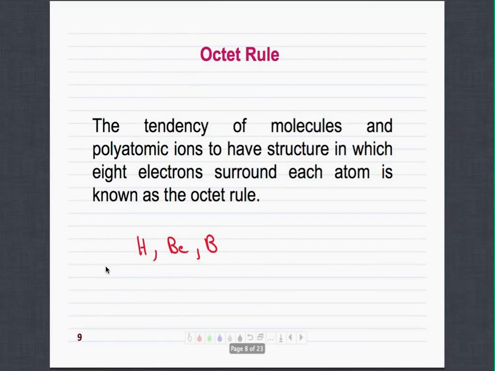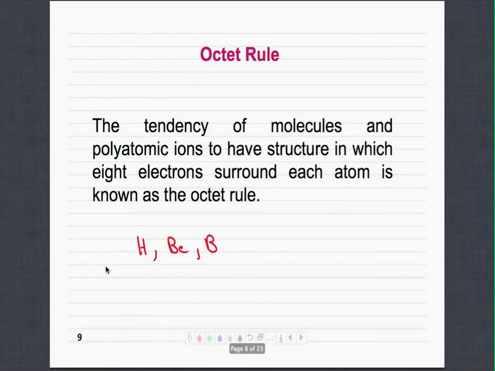There are exceptions for this rule, and we're going to learn some more exceptions. Those 3 atoms are the ones that wouldn't have the octet rule. They don't need 8 electrons around them. Hydrogen just needs 2 electrons around it, so it will do 1 bond.